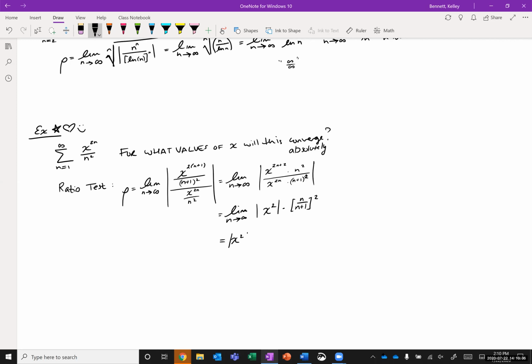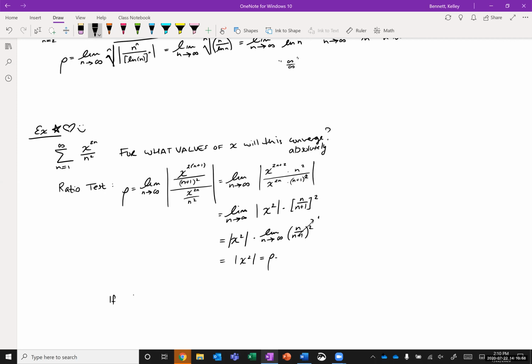So I get the absolute value of x squared times the limit as n goes to infinity of n over n plus 1 squared, which is just 1. So I get the absolute value of x squared equals rho.